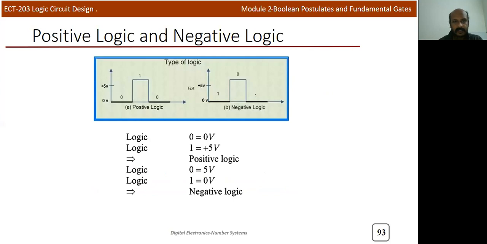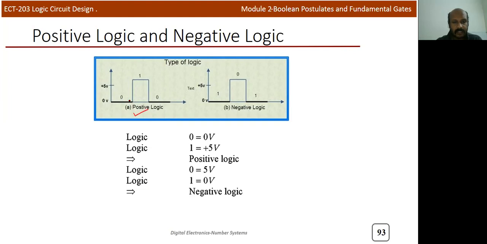Okay. These are the main points that we will discuss in lecture 10. First we will discuss what we mean by positive logic and negative logic. If we discuss the switching circuit or digital circuit, there are two methods to represent zeros and ones. First, we will consider what is known as positive logic.